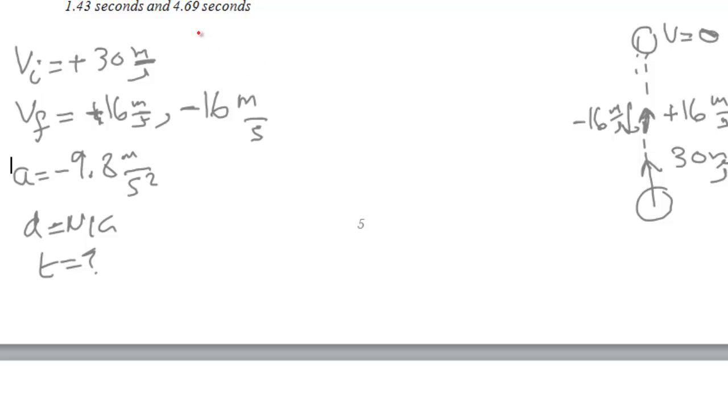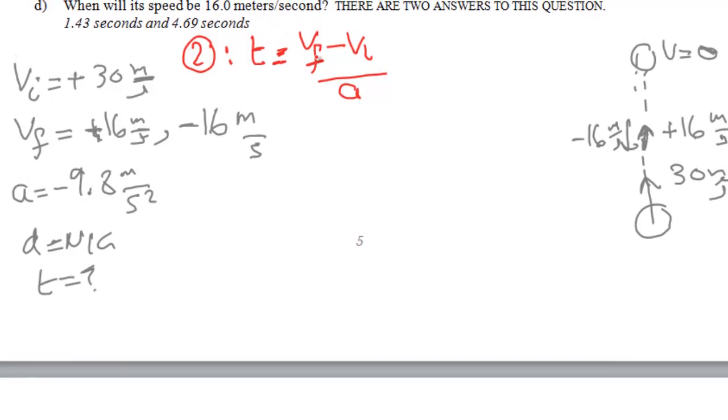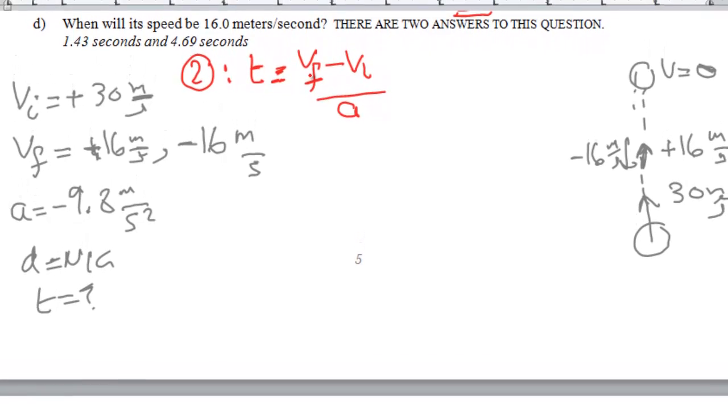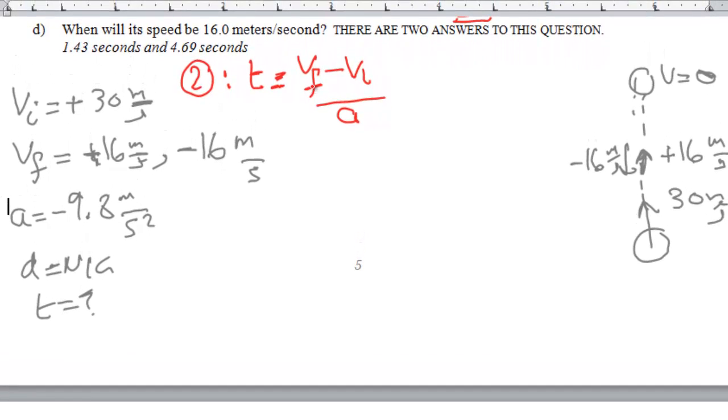So the equation that fits this criteria is equation number 2. And we need to solve for t, so we rearrange equation number 2 here. T equals V final minus V initial over the acceleration. And we need to solve it for V final equal to negative 16 and V final equal to positive 16. So we have two answers here.